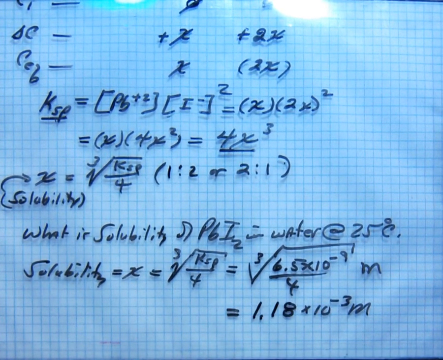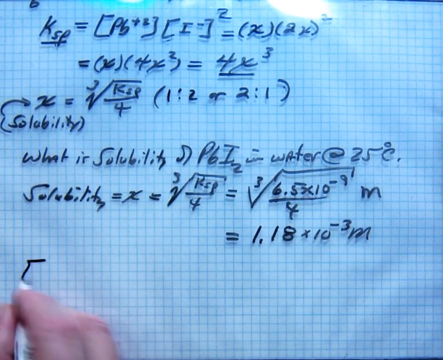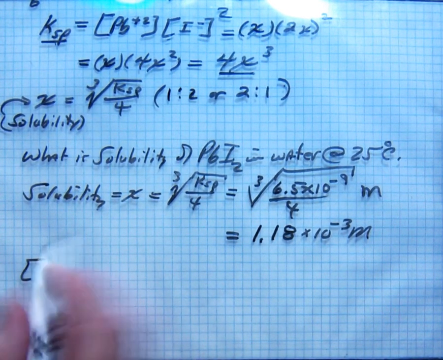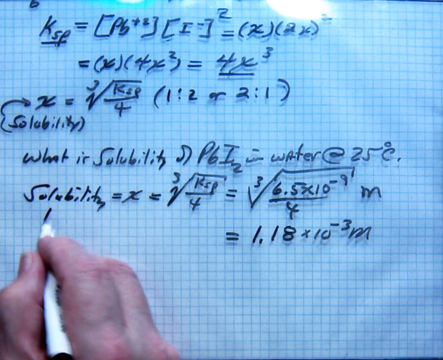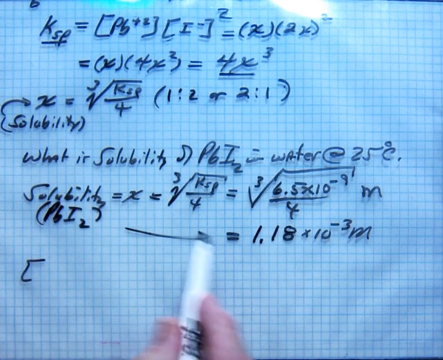So I have a solubility of 1.18 times 10 to the minus 3 molar. In conclusion, we could say the concentration or solubility of lead iodide is this number.